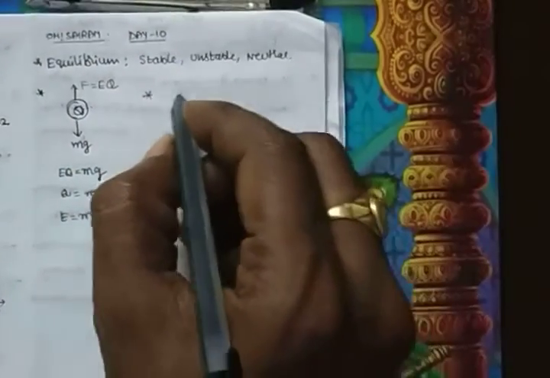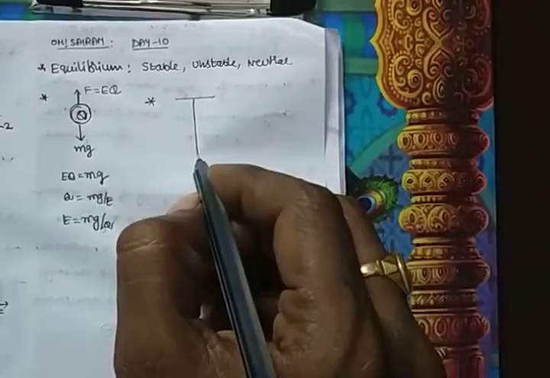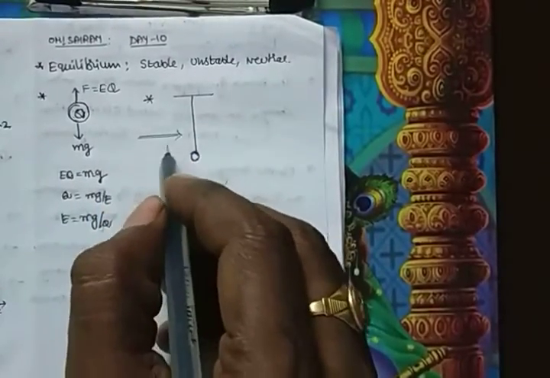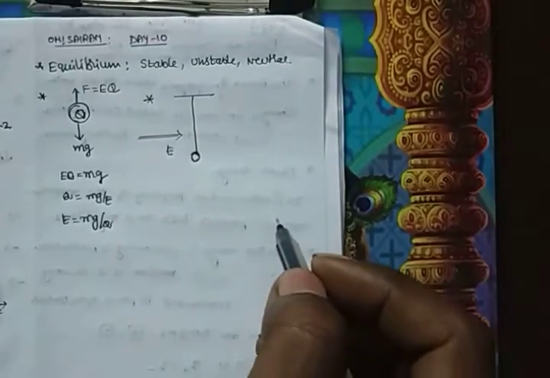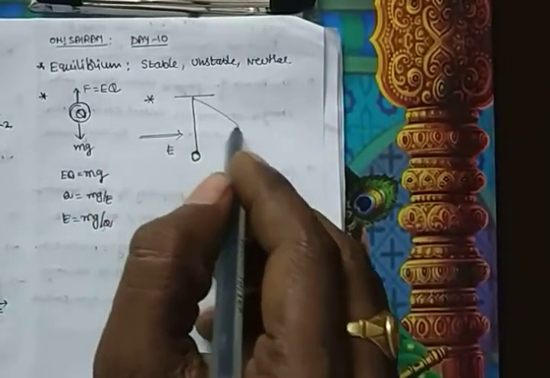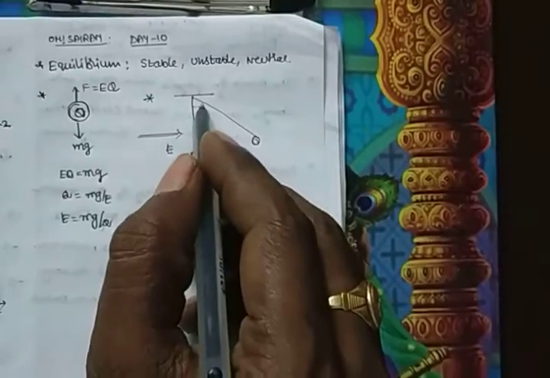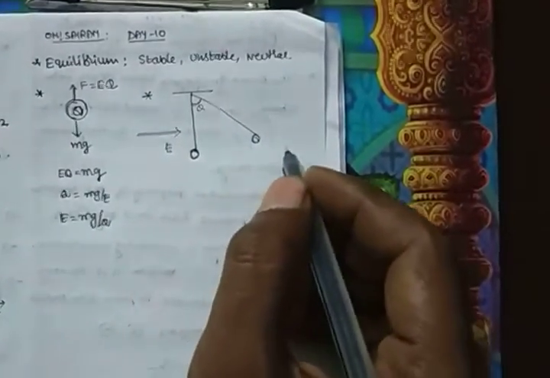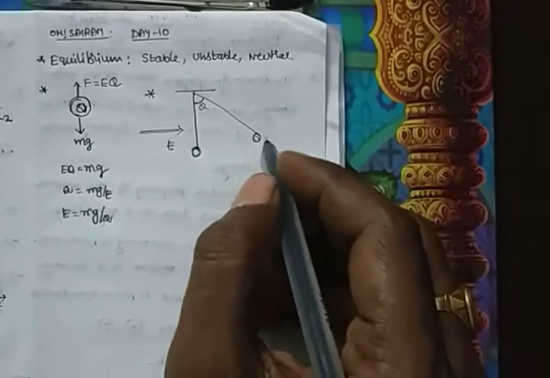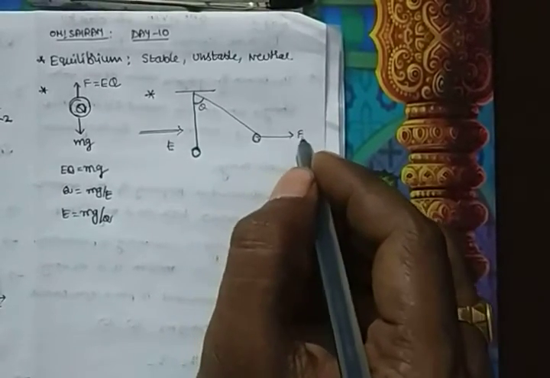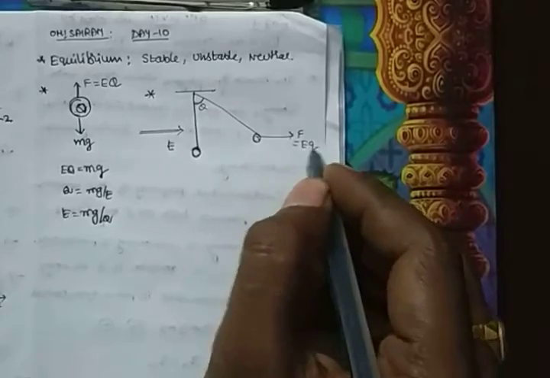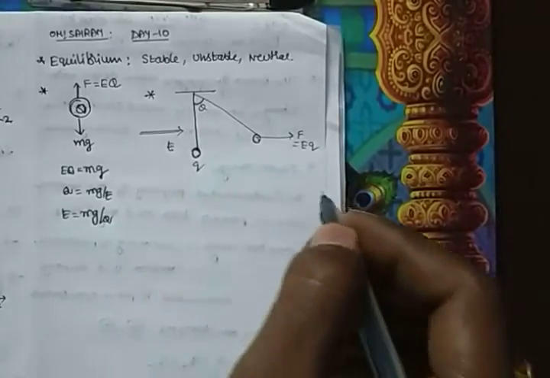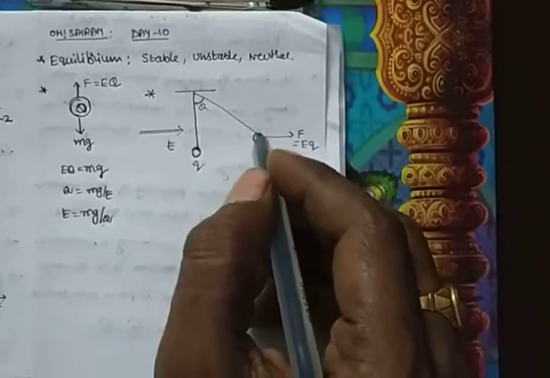Similarly, if a charge is suspended like this and a uniform field is applied horizontally along this direction, now this charge is displaced from this point to this point, making an angle theta from mean to extreme. The direction of electric field force is F equal to EQ. The charge on the particle is Q. Now what happens?